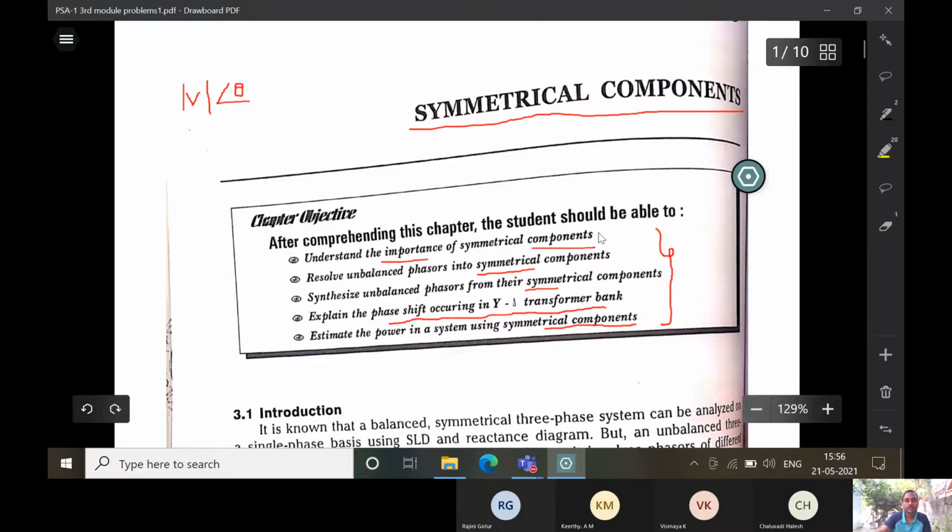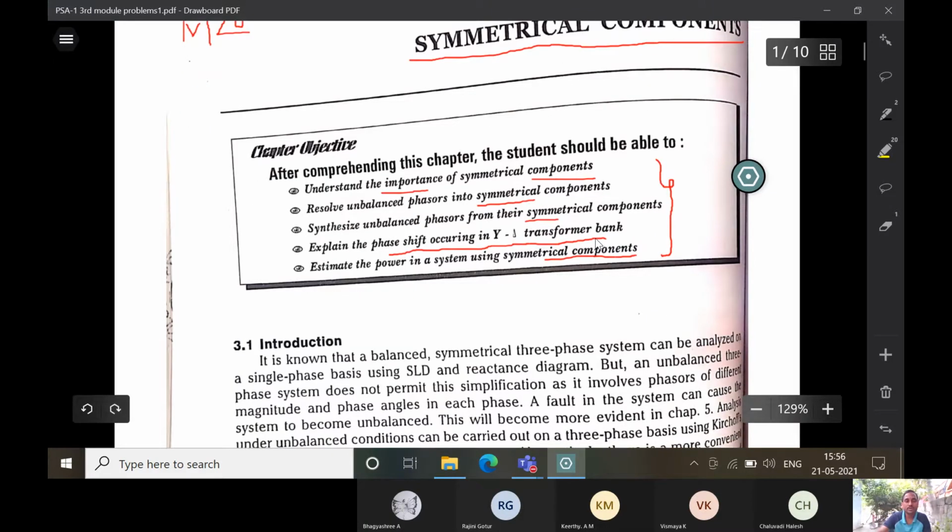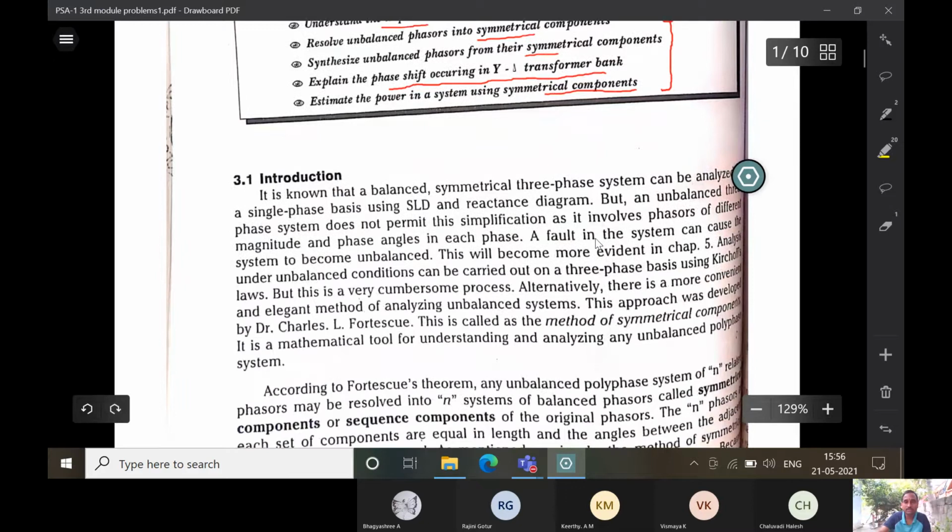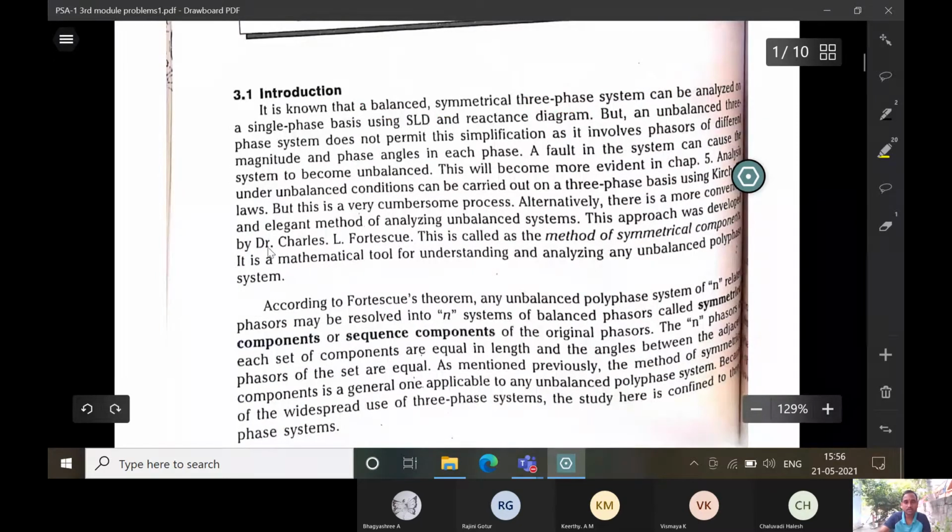This approach was developed by Dr. Charles L. Fortescue, and after him the method is called the symmetrical component method. This is a more convenient and elegant method for analyzing an unbalanced system. It is a mathematical tool.